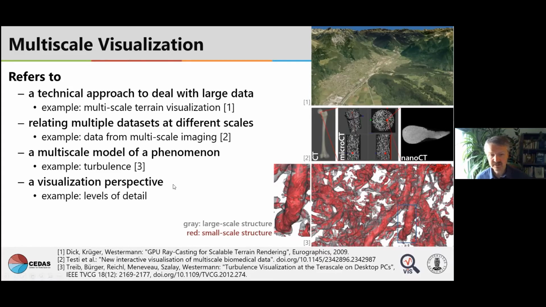And fourth on this slide, I want to add that multiscale visualization can certainly also be seen as a certain type of perspective. It is on the user side, it's a choice of what level of detail you want to consider when you look at some data and when you want to understand some data.